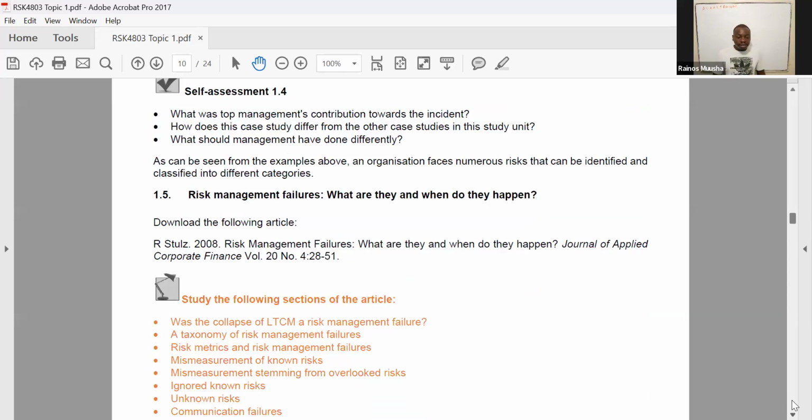So we're going to be introduced to the case study of LTCM, and from there, they tell us exactly what happened, what the roles of risk management are, and when we can say risk management has failed. So which are the parameters that we need to look into where we can say, in this case, risk management would have failed as well. Are there any questions so far?